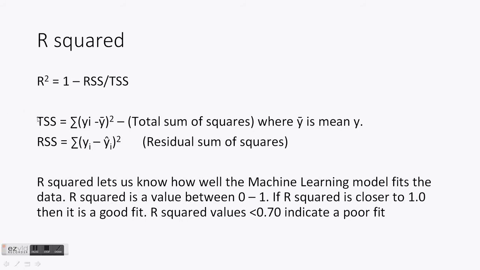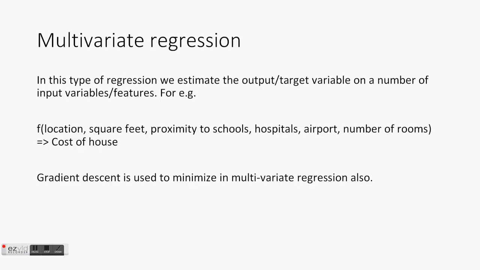The estimated data point is given by this y hat we have here. So when R squared is close to 1, then typically our model is a good fit. That is how we ensure that our model is a good fit. And for lower values of R squared, maybe less than 0.3 or 0.5, we say that it does not have a good fit.